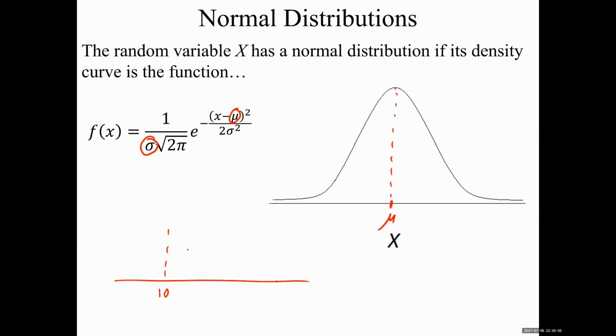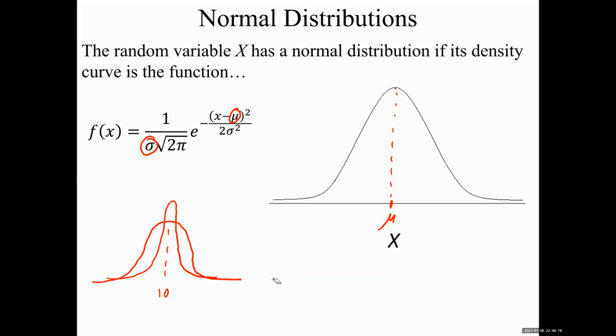For example, if the standard deviation is 2, then it might be a really narrow peak like this. If the standard deviation is 10, then it might be a fatter, wider peak like that. So you've got to know both the mean and standard deviation so you know which one we're working with.